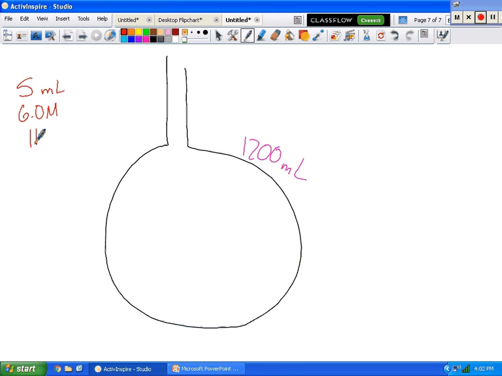But here's the reason I'm asking you to answer the procedural part to this. Can you just dump all the acid in and then pour the water on top of it? How do you mix acids and water? You add acid to water.